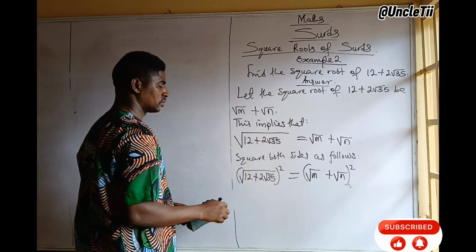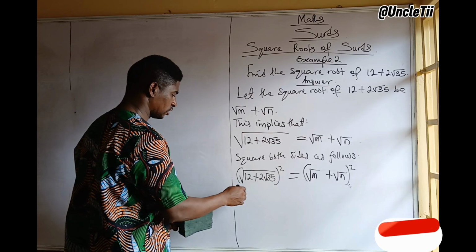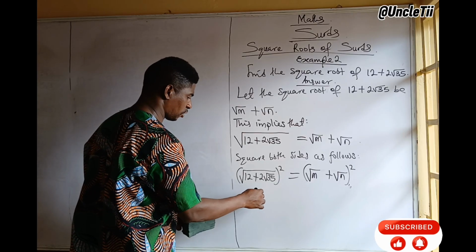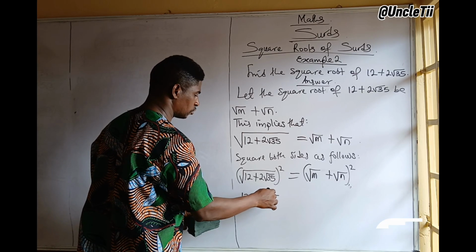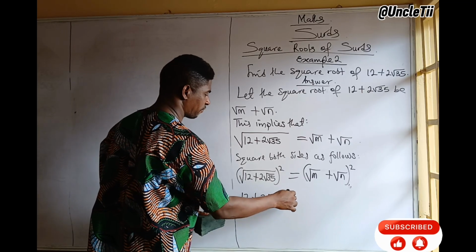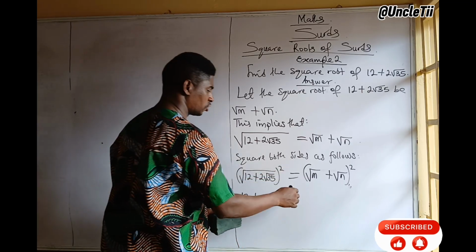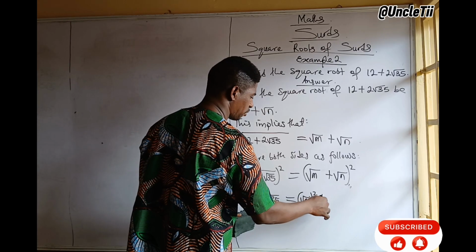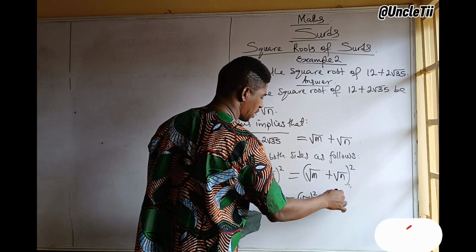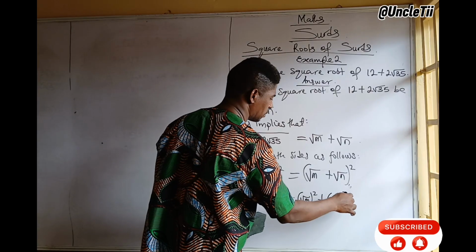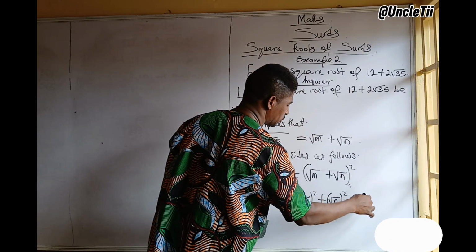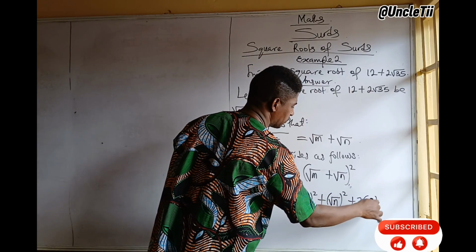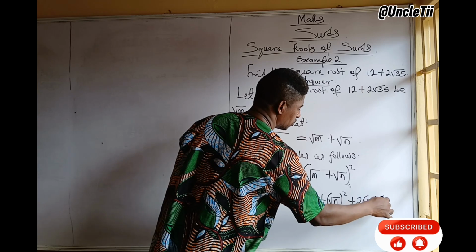The square will cancel the square root, and this will give us 12 plus 2 root 35 equal to the square of root m plus the square of root n plus 2 times root m times root n.